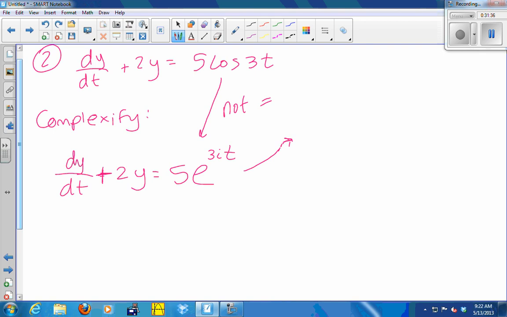It will be the cosine part, because any complex exponential can be written as cosine theta plus i sine theta, and we want the cosine part. So the real part of this solution is a solution of the original. Okay, so what should I guess?